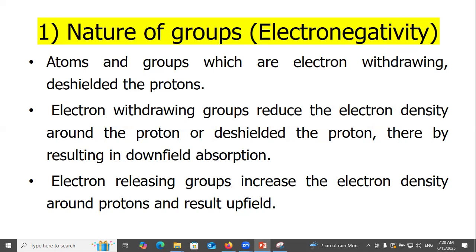These groups reduce the electron density around the proton, or deshield the proton, thereby resulting in downfield absorption. Electron releasing groups increase the electron density around the protons and result in upfield absorption, that is, the protons are shielded.